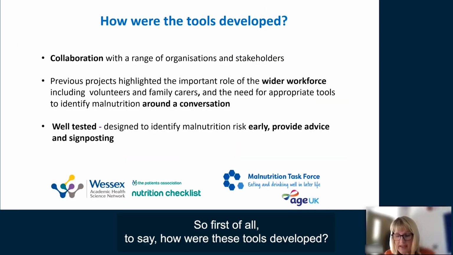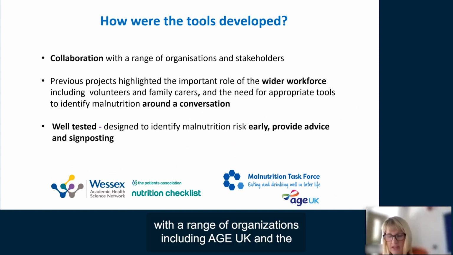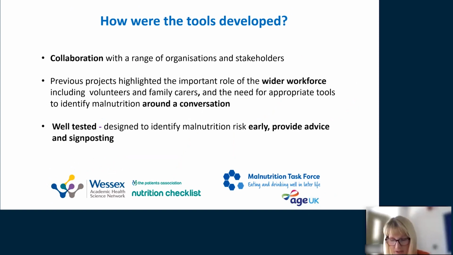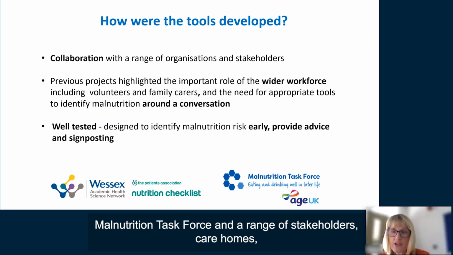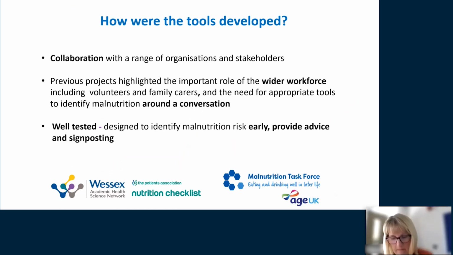So first of all, how were these tools developed? They were developed in collaboration with a range of organisations, including Age UK and the Malnutrition Task Force, and a range of stakeholders: care homes, older people living with malnutrition, care home staff, and other people who have a key part to play in working with older people.